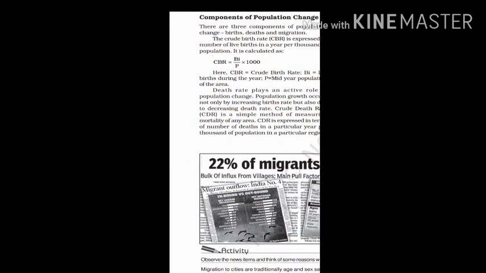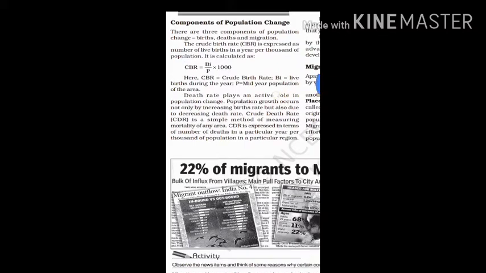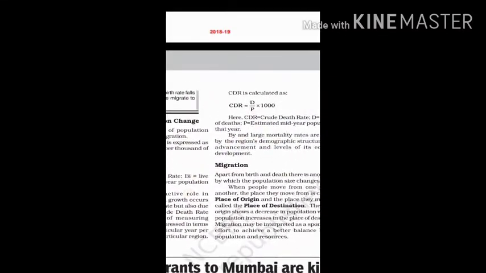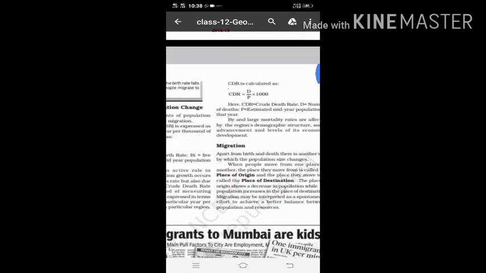Then comes crude death rate. Crude death rate is the number of deaths per thousand of population. Here the formula is given, so have a look.